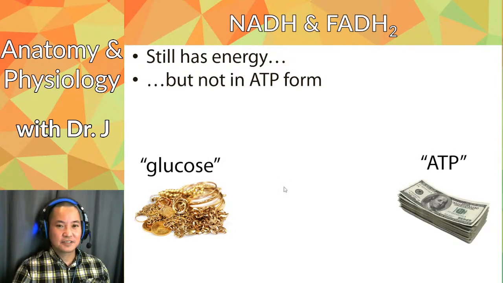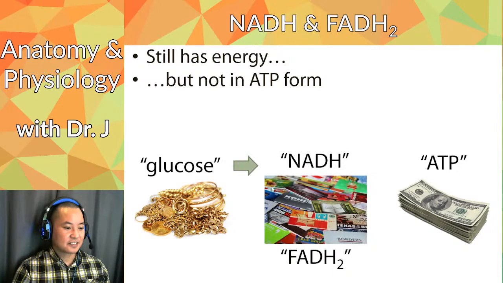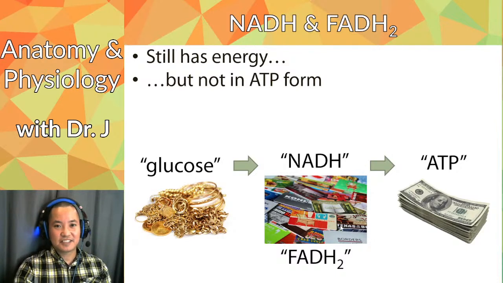One way you can do that is convert things into different forms of currency. So for NADH and FADH2, you're converting your glucose, and maybe you have one of those gold buyers. They say, well, we can't give you cash up front, but we can give it to you in the form of a charge card. Charge cards still have some sort of monetary value, and you can eventually convert them into ATP or energy, or money, and cash.